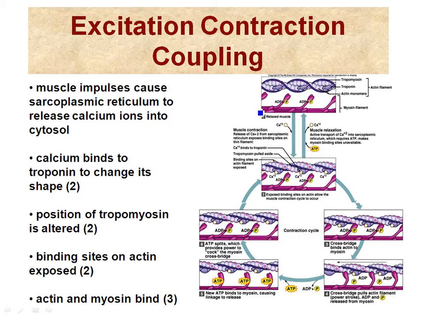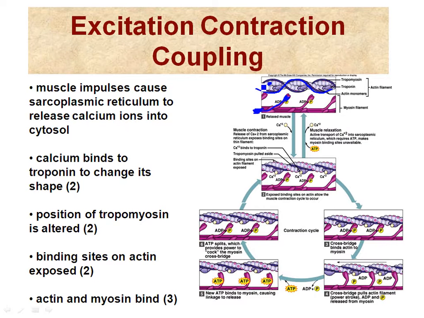So this structure, with its little golf club heads, is our myosin. Up here, the two-stranded pearl necklace is your actin. You have your ribbon-like tropomyosin, which covers the binding sites on the actin.